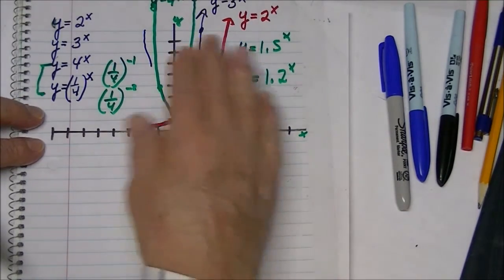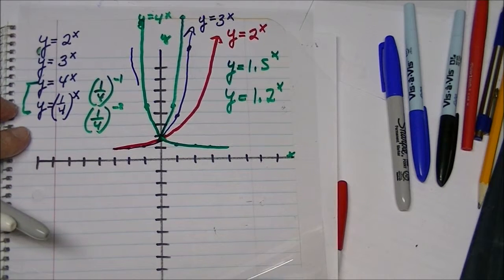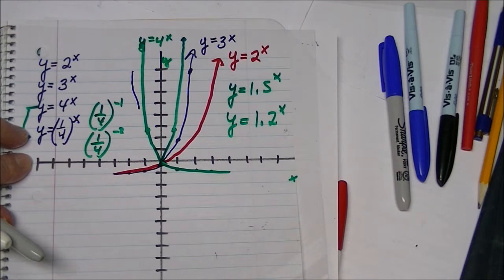Now, keep in mind we had shifting. If we have a +1, then these would all shift up 1. If we had a minus 1, they would all shift down.